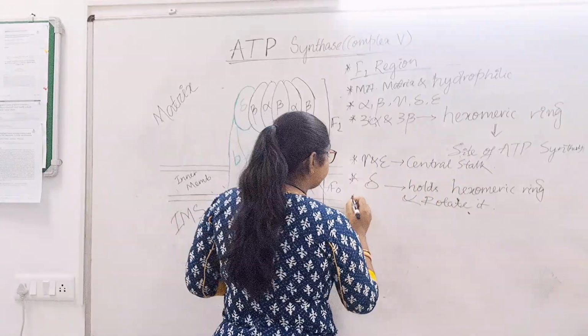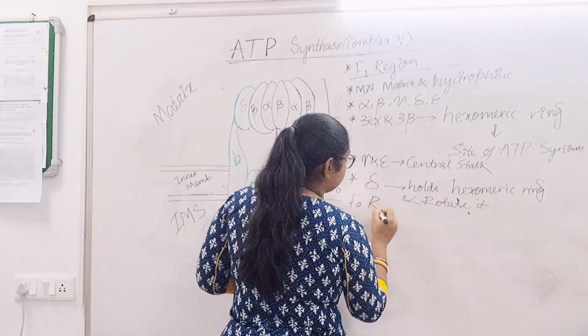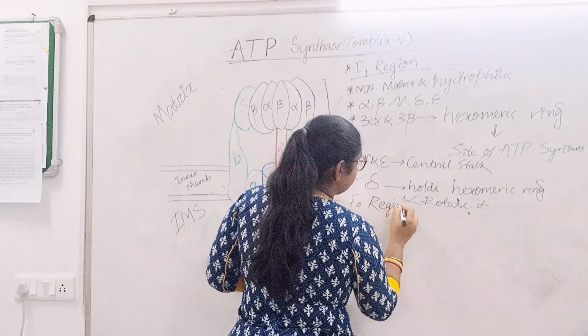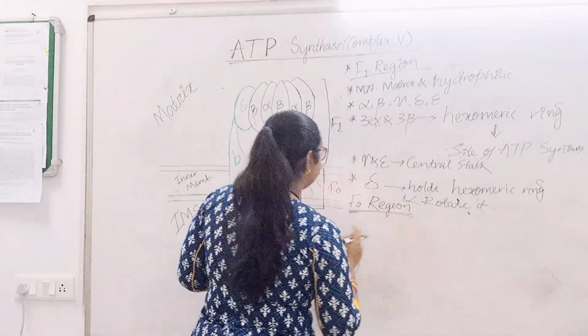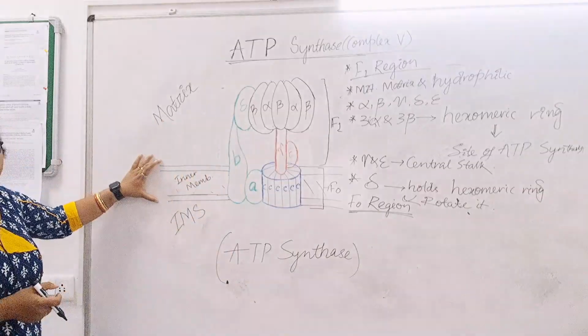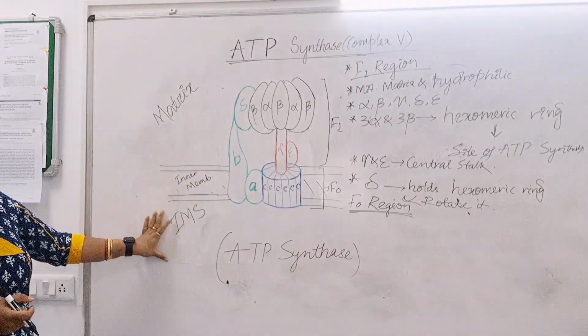Let's come to the F0 region. As you can see, this is the inner membrane, this is the matrix and this is the intermembrane space.